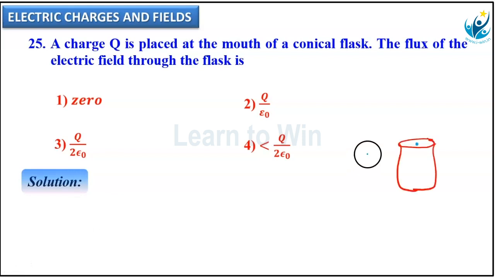Solution. According to the problem, a charge capital Q is placed at the mouth of the conical flask. Now, through this flask, what is the electric flux? To calculate that, the charge has to be enclosed.